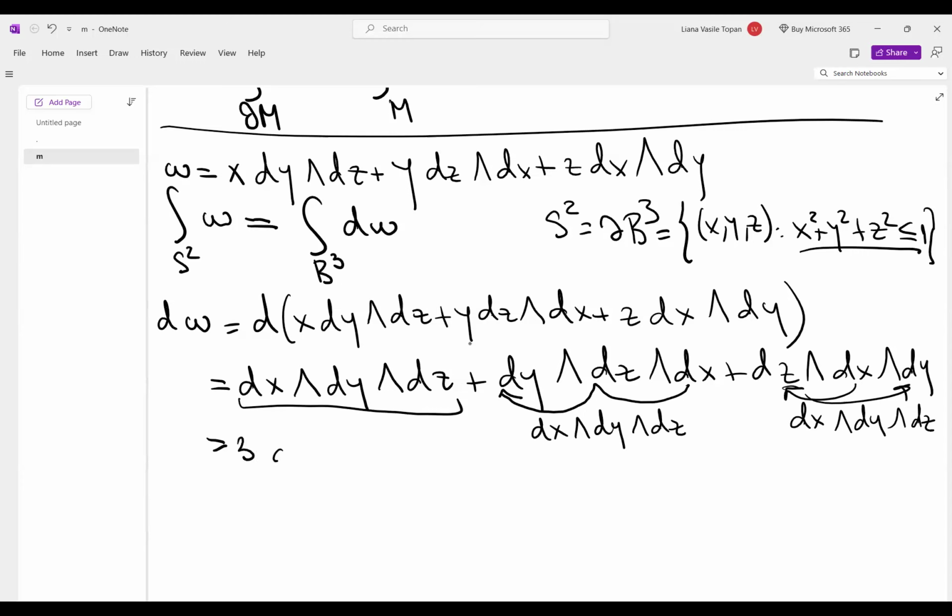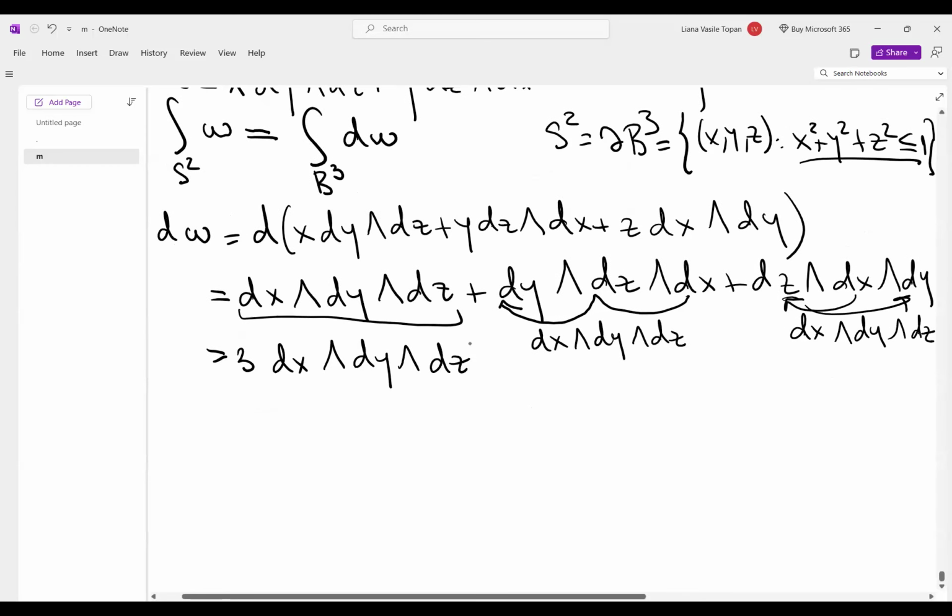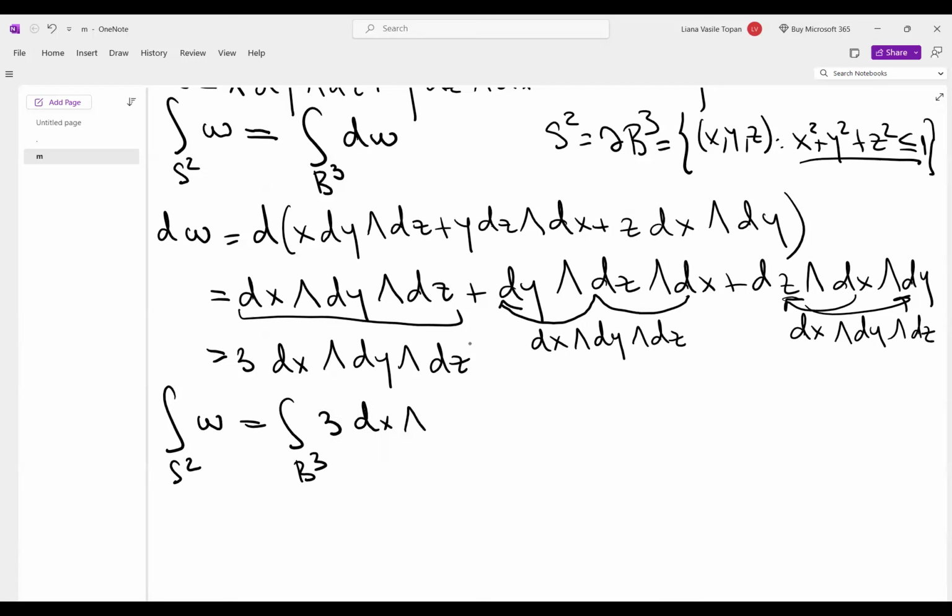So this is 3 times dx wedge dy wedge dz, which means that the integral of our two-form omega on S squared is the integral over the ball B3 of d omega, which is 3 dx wedge dy wedge dz. This is 3 times the integral over the ball of dx wedge dy wedge dz.